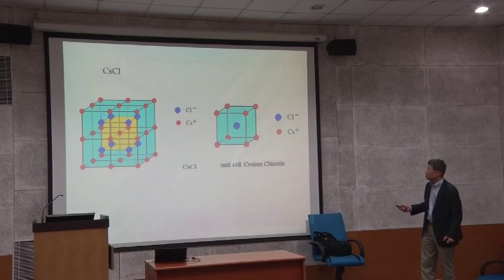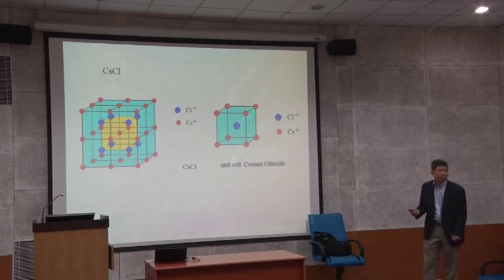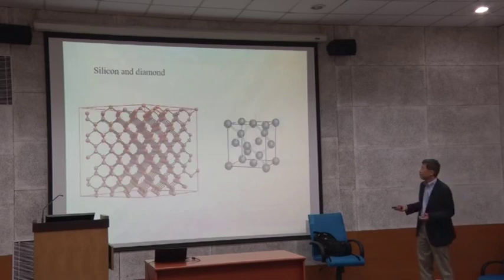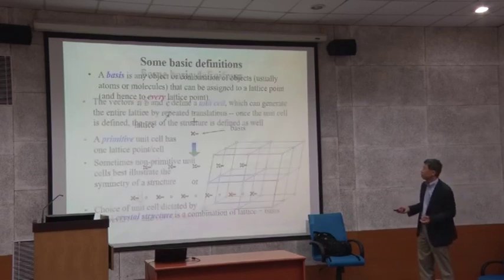Those two are a group of atoms that belong to this lattice point, and another group of atoms in the next unit cell belongs to this position. That is the definition of the lattice point here.